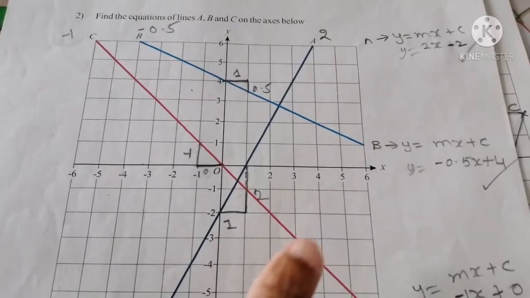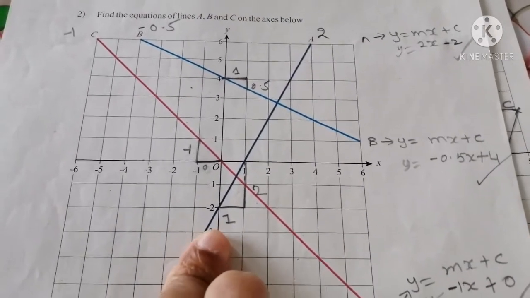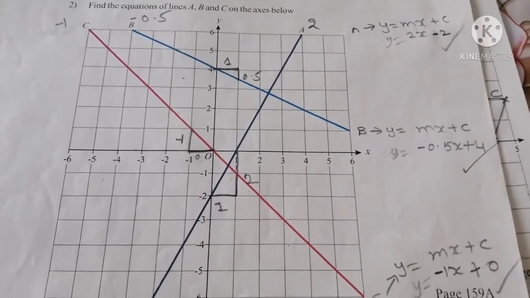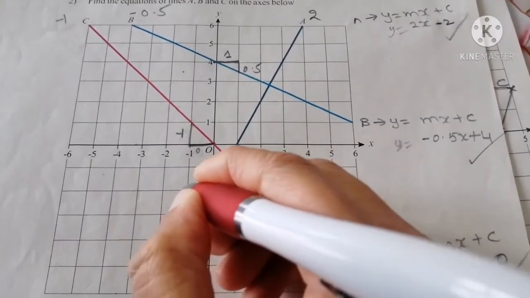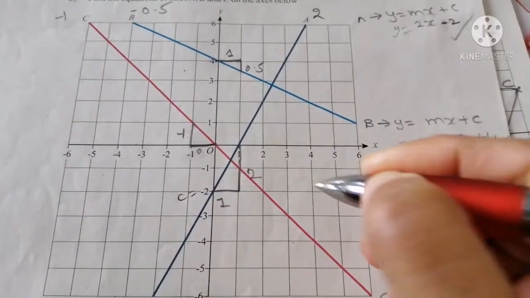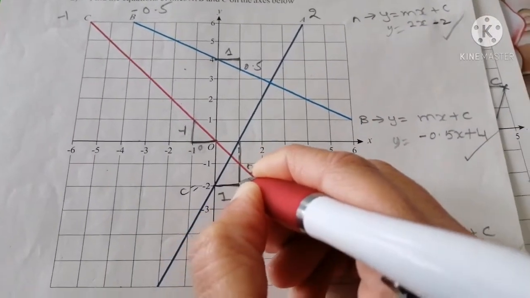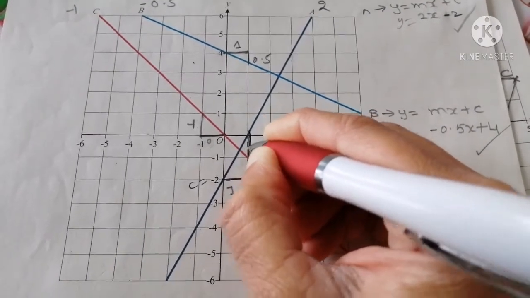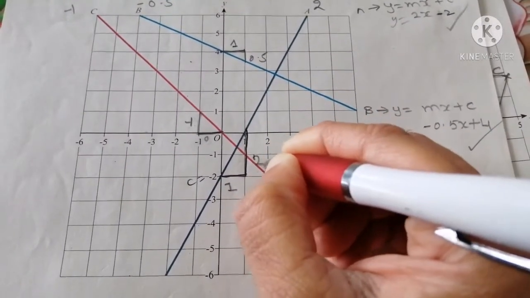So if you see for A, it is crossing at minus 2. So c equal to minus 2, and I draw one line here, and I am forming a triangle like this, and it is sloping uphill.